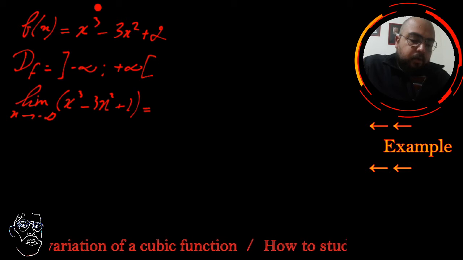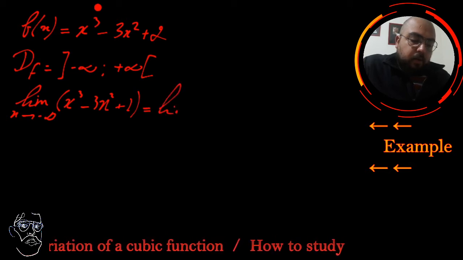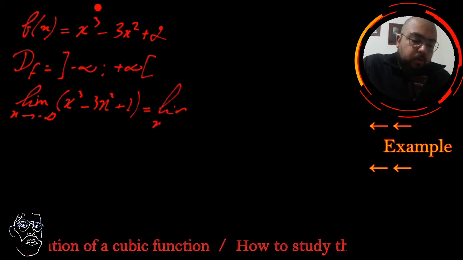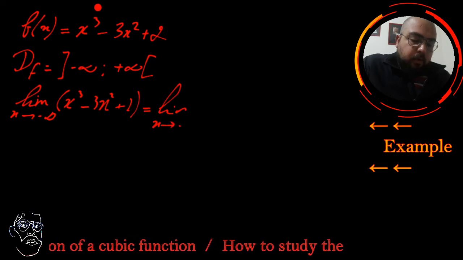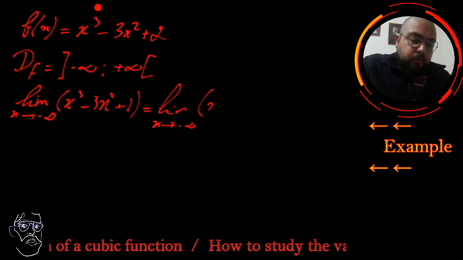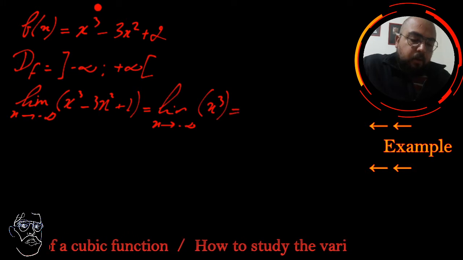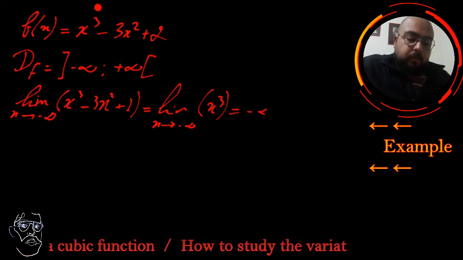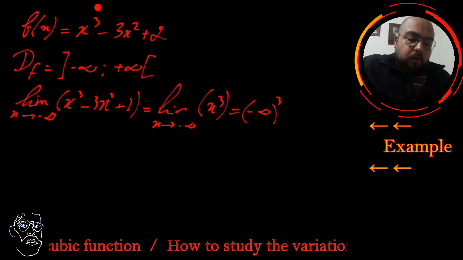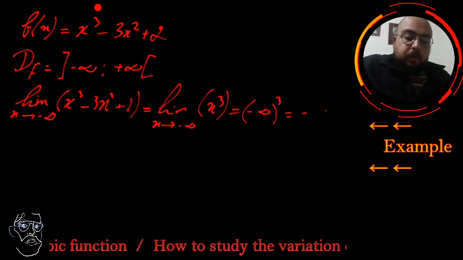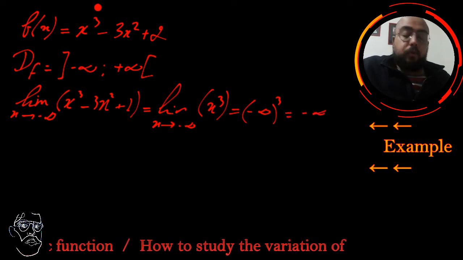Of course, you can choose the monomial with the highest degree. So in this case, you will choose x cubed. You will do the replacement. It's minus infinity to the power of 3. So it's minus infinity. This is the result.